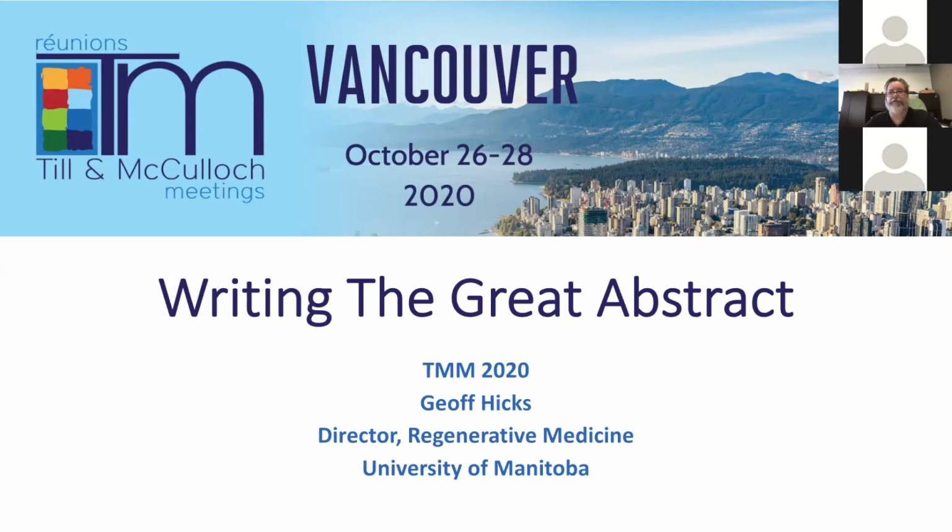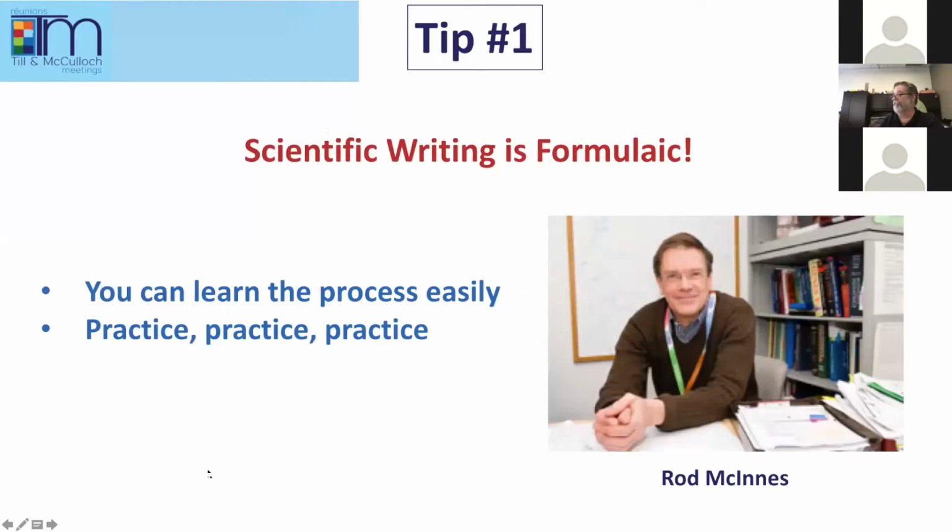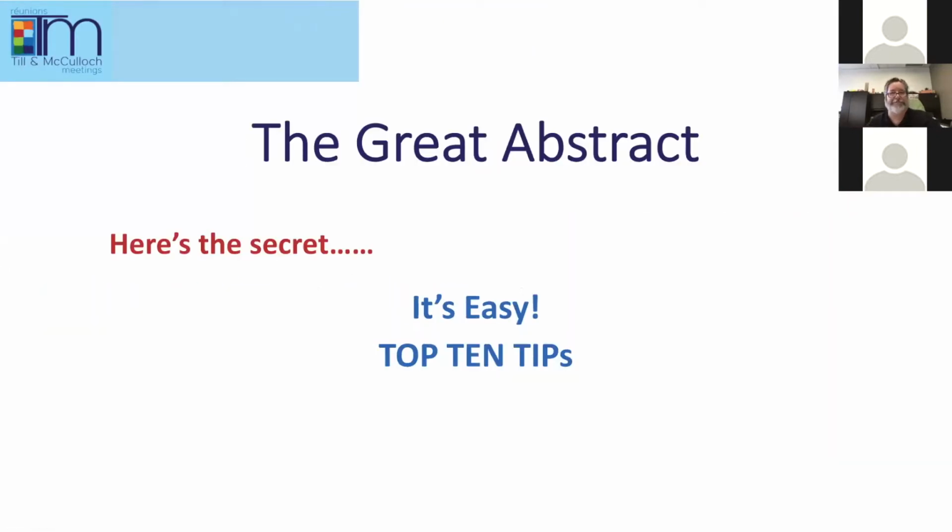So I have good news for you. Okay, so let's go. This is a talk I gave last year at the stem cell meeting in Ottawa, and it went over fairly well, I guess well enough to be invited back, so thanks again for that.